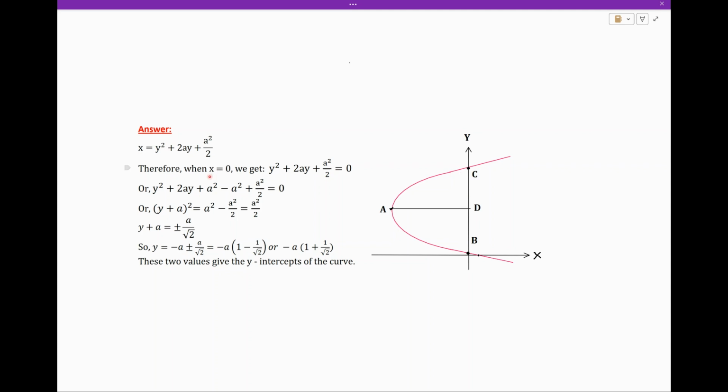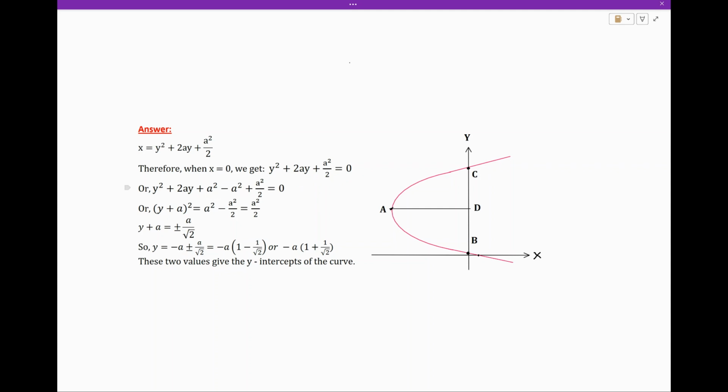When you make x equal to 0, we get y squared plus 2ay plus a squared by 2 is equal to 0. Now, on the left hand side, we add and subtract a squared. Why do we do that?